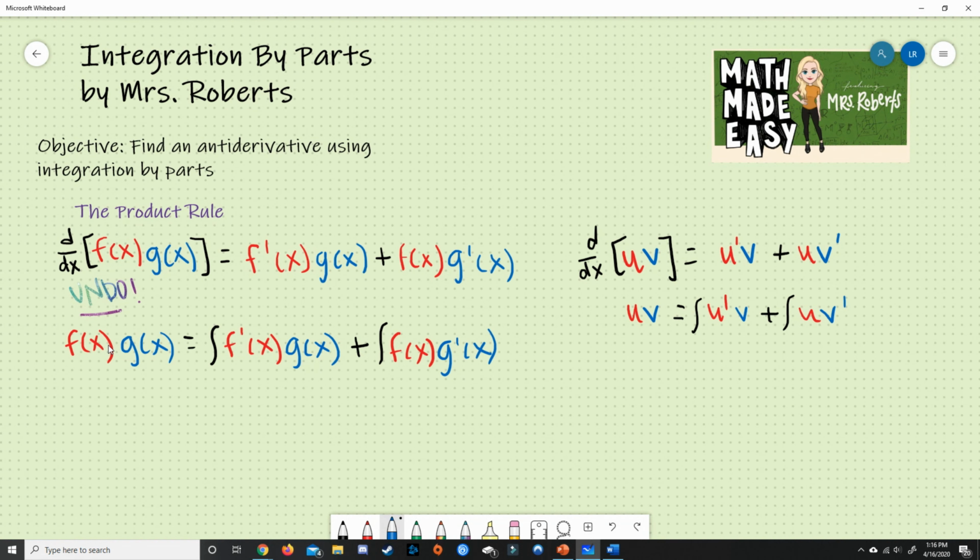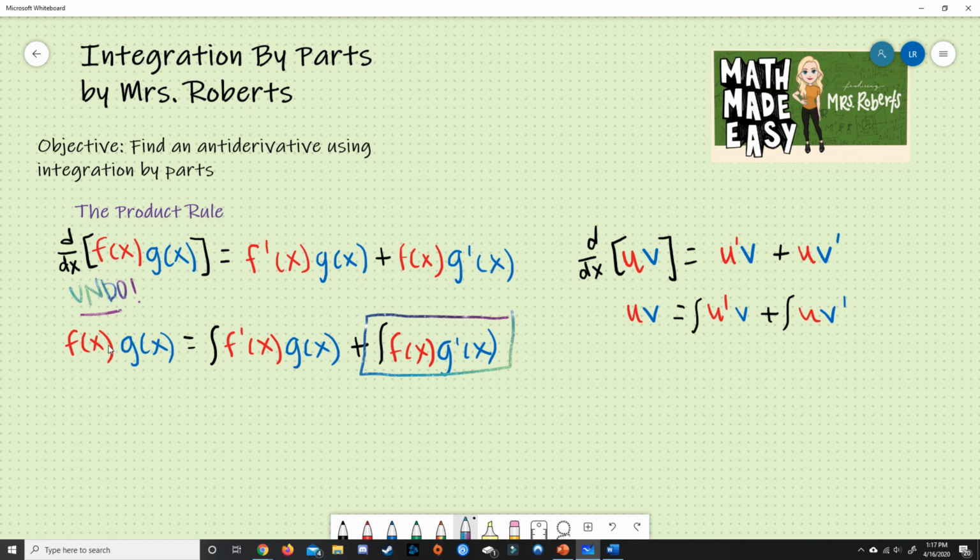Now what we really want is to have this piece alone, because we want to find the integral of two things that are multiplied together. That's the point of this: to find an antiderivative using integration by parts. So I could rewrite this by subtracting this piece from both sides.